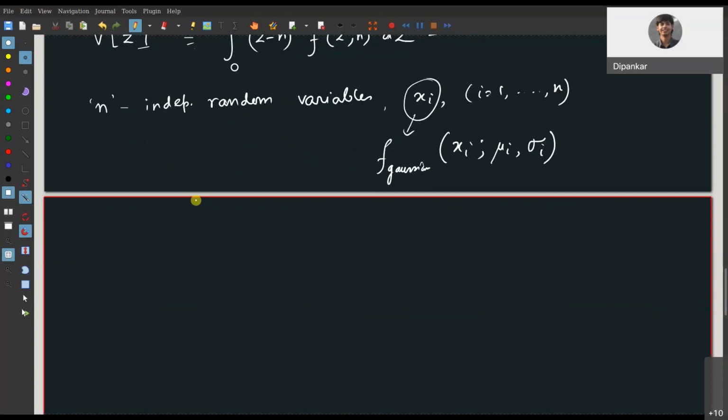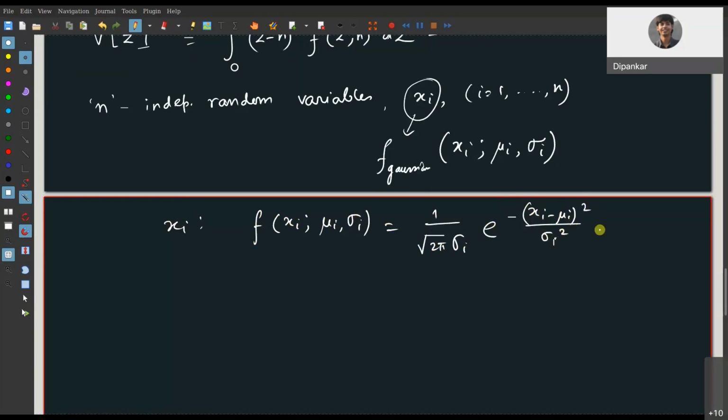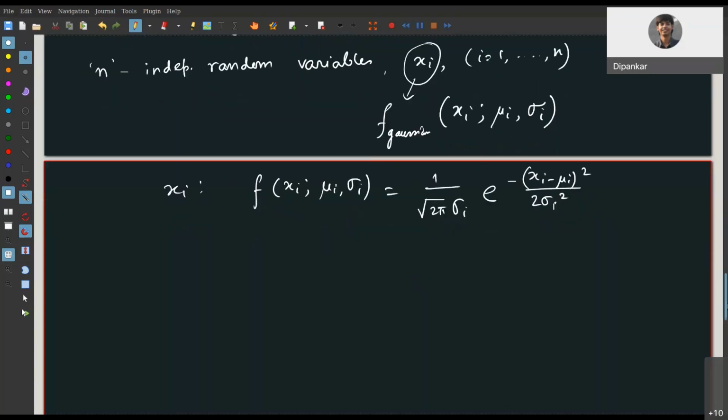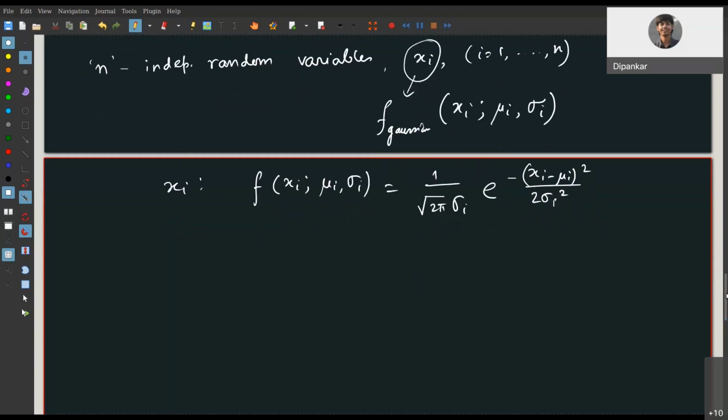That means x_i would be distributed as f(x_i; mu_i, sigma_i), that is 1 over square root of 2 pi sigma_i, e to the power minus (x_i minus mu_i) whole square by 2 sigma_i square. This is the distribution for an independent random variable.